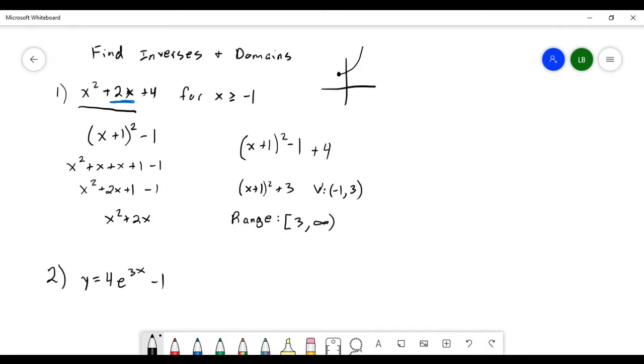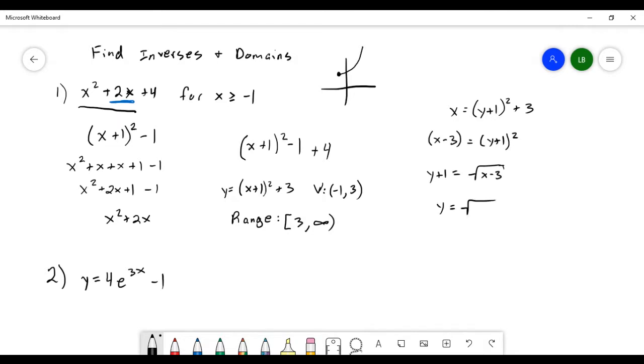Our next step is to swap x and y. So since y equals this, we would have x equals y plus 1 squared plus 3. So x minus 3 equals y plus 1 squared. So y plus 1 equals the square root of x minus 3.